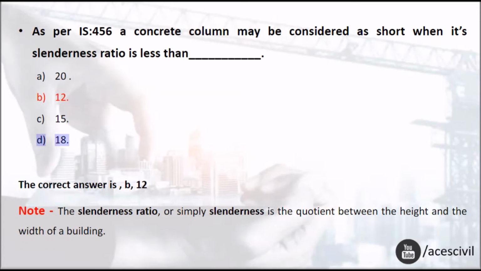D. 18. The correct answer is B. 12. Note: the slenderness ratio, or simply slenderness, is the quotient between the height and the width of a building.